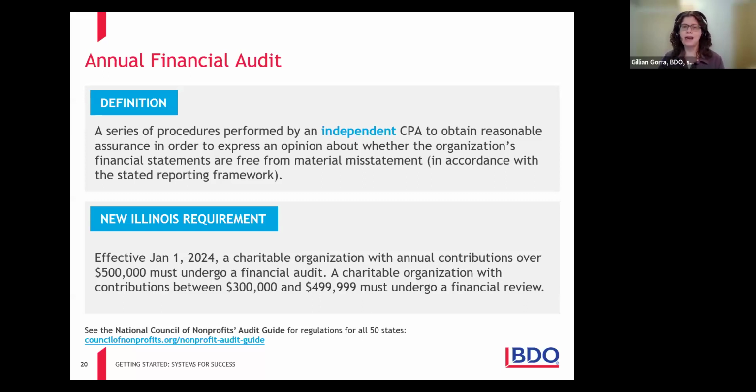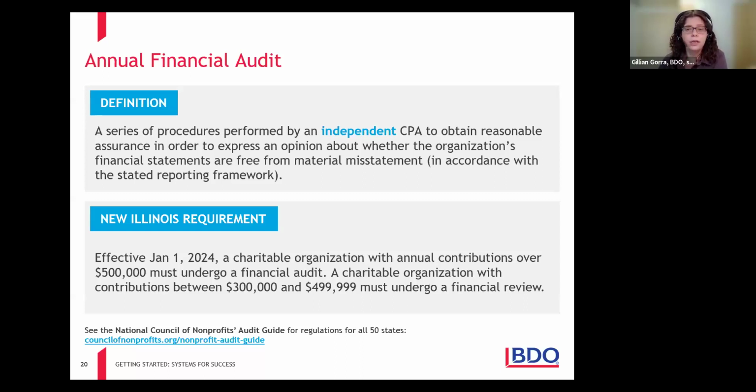So they're not saying that everything is 100% accurate, but they're saying for the most part, you can trust these financials. An audit needs to be presented according to generally accepted accounting principles, those GAAP rules that I mentioned a few slides ago. Whether you need to be audited or not depends on the state that you're doing business in, where you're registered to do business.